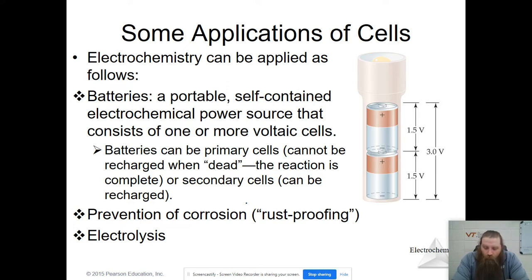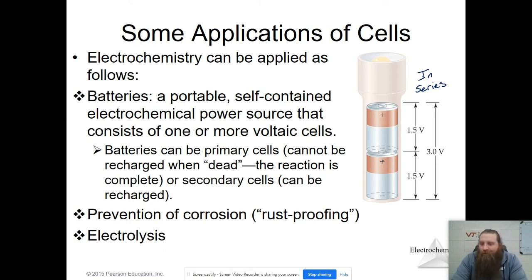Now, one of the things to keep in mind with batteries is that if we connect them in series, then the sum of the electropotentials of each individual battery becomes the overall electropotential of the whole thing.